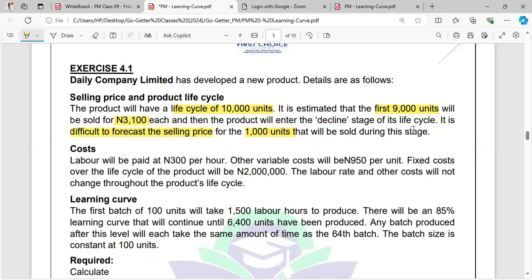Because as human beings, we learn when we are doing work repeatedly. Even if a machine has been programmed to do that repetitive work, it doesn't learn. A machine goes at a particular efficiency. It doesn't increase or reduce its learning rate. But humans, as they keep doing it, become more proficient.